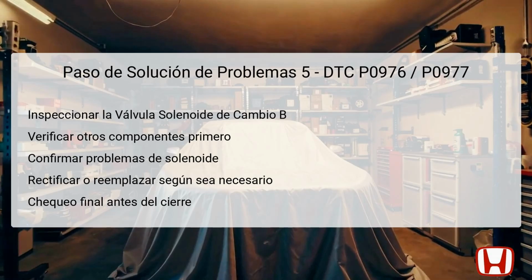Upon addressing the solenoid issues, conducting a final check ensures that the problem has been resolved and that the transmission operates smoothly without any fault codes present. Proper documentation of these findings allows for a reference in case further issues arise in the future.